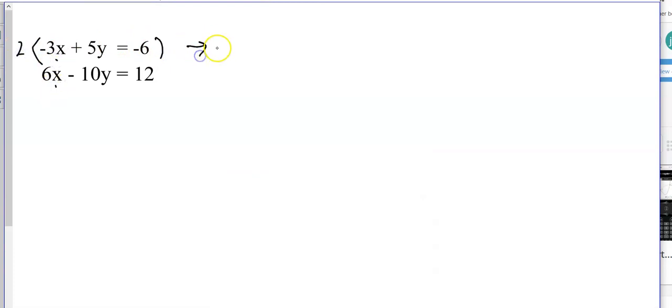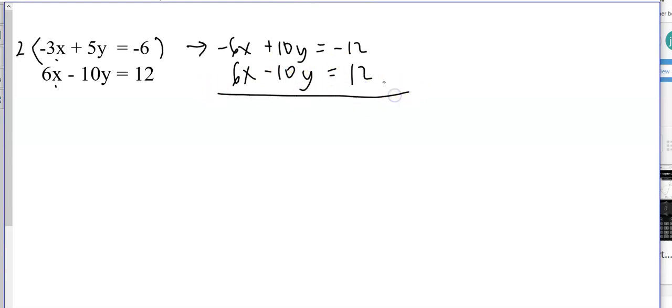So this would give you negative 6x plus 10y equals negative 12. And down here it'd be 6x minus 10y equals 12. This can be interesting, it's not what I expected. I'm going to add them together. The x's go away, the y's go away. I just have 0, and negative 12 plus 12 is 0. Does 0 equal 0?